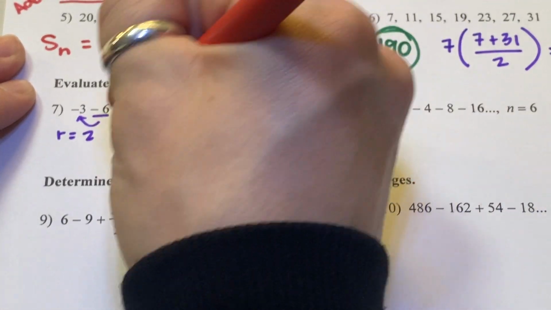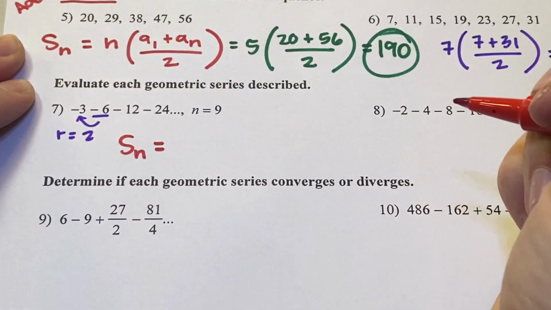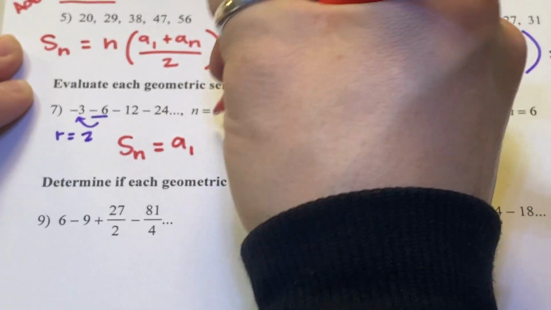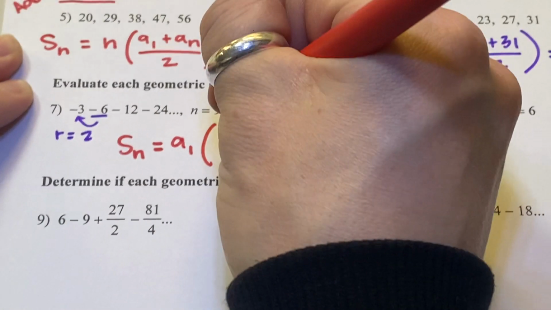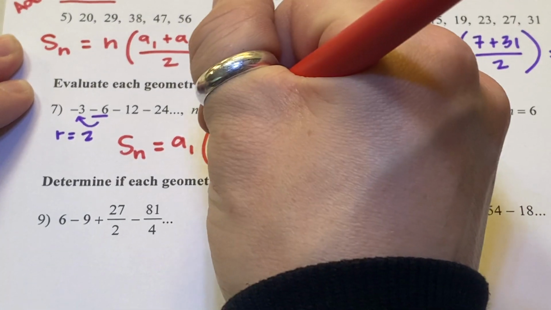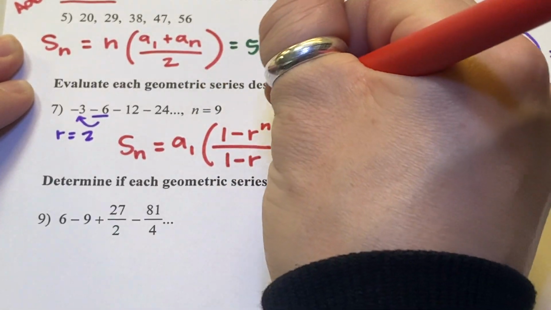Here we go. S sub n, just meaning the sum of the number of these terms, equals my first term, a sub 1, being multiplied by 1 minus r to the nth, my numerator, over 1 minus r.